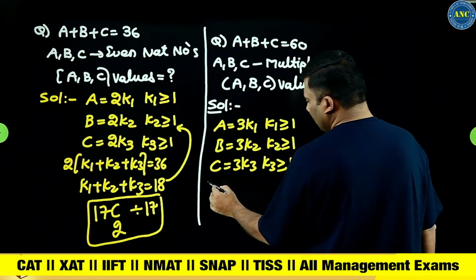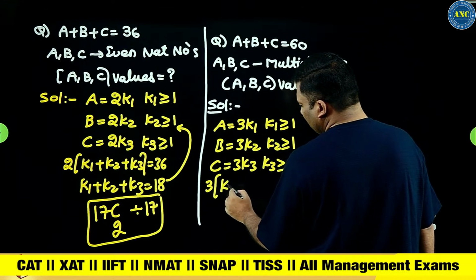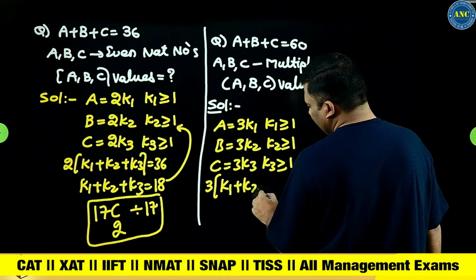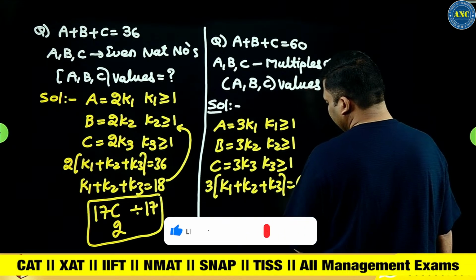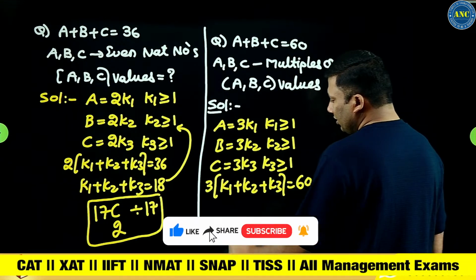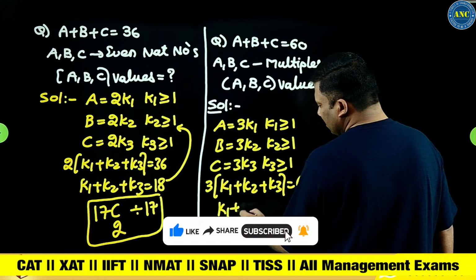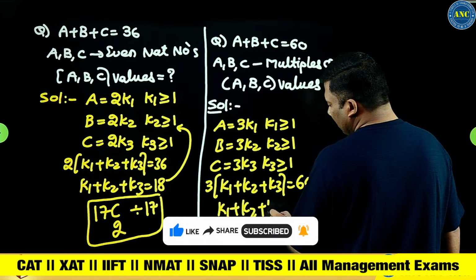So this will be 3 common, 3 into (k1 + k2 + k3), equal to 60. Are you all with me? k1 + k2 + k3 = 20.